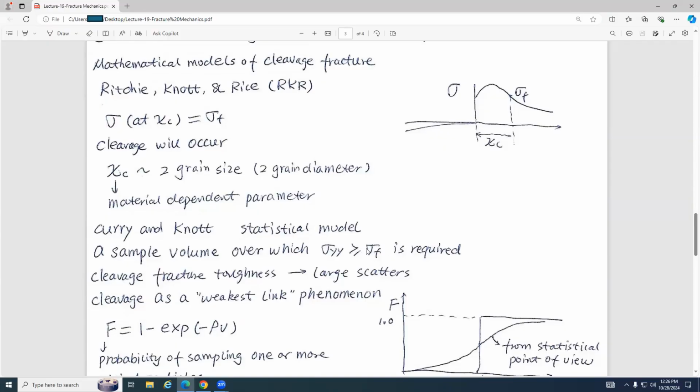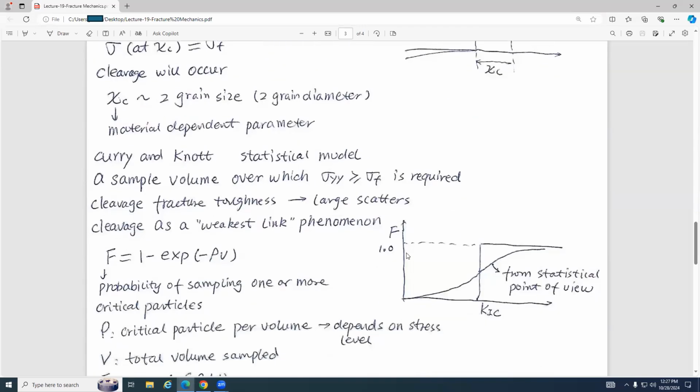So this is x, this is y, and this one is satisfied. So cleavage fracture toughness usually shows large scatter. Cleavage is a weakest link phenomenon.